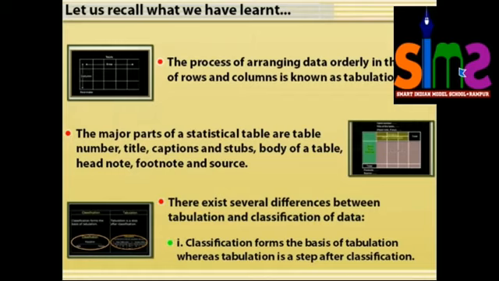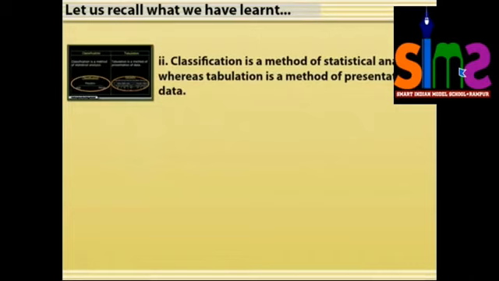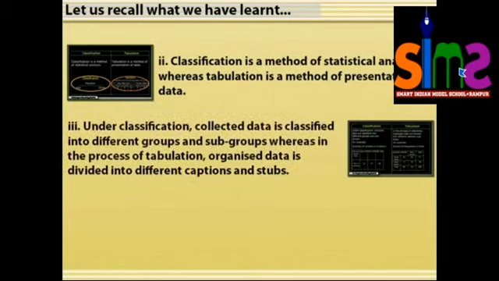Number 1. Classification forms the basis of tabulation, whereas tabulation is a step after classification. Number 2. Classification is a method of statistical analysis, whereas tabulation is a method of presentation of data. Number 3.